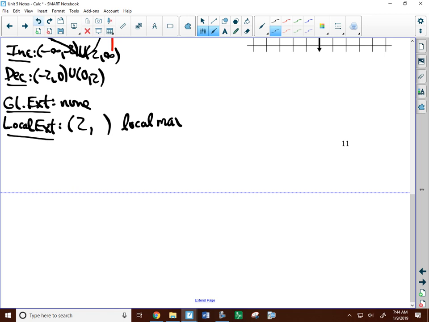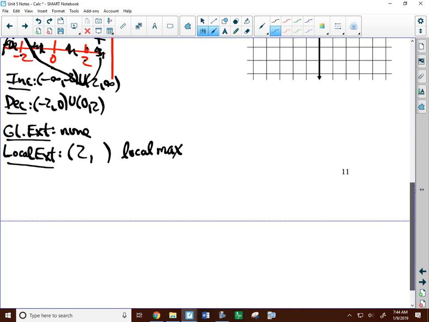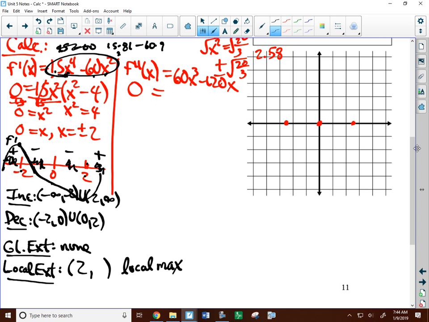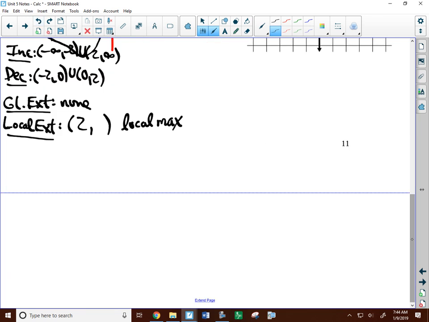What's going to be helpful though is to get the actual point. Because I'm going to be drawing this, how do I know how far to go up or down? So I'm just going to plug it in in a minute to get the actual point. Okay, what did I say?